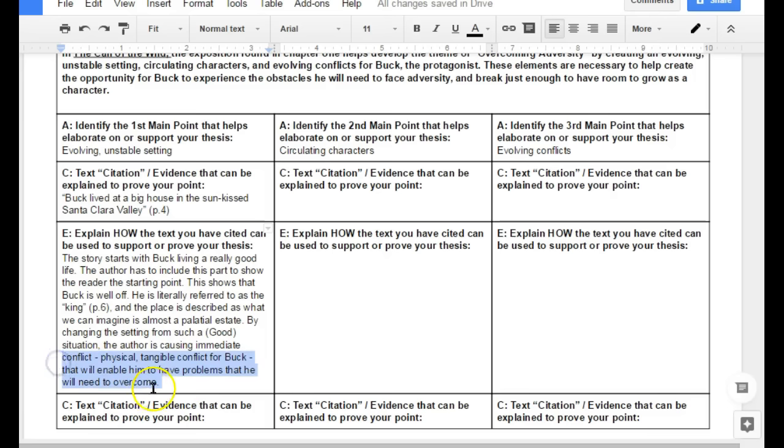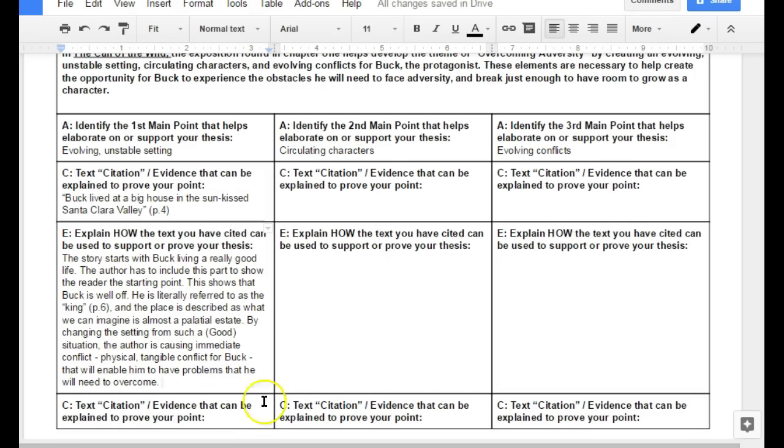That right there, I'm tying my explanation of how the text that I'm citing supports my thesis by bringing it back to that overcoming adversity. I didn't actually use the words overcoming adversity again because I don't want to be that redundant. Yes, I'm using a formula, but I don't want to be that redundant. So this is what I'm going to do.